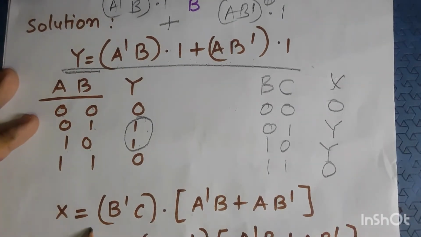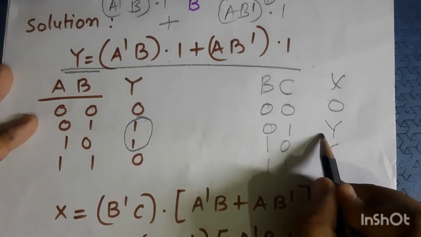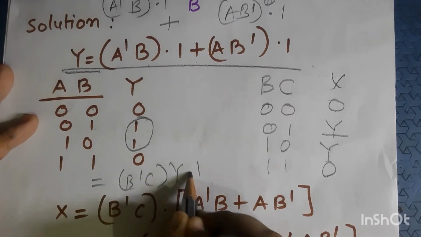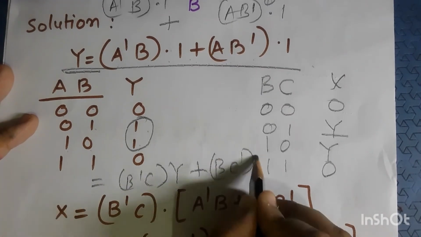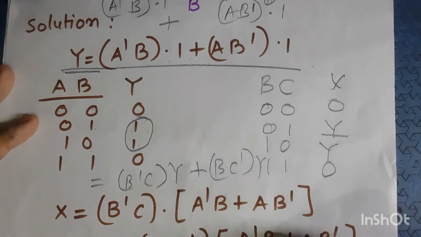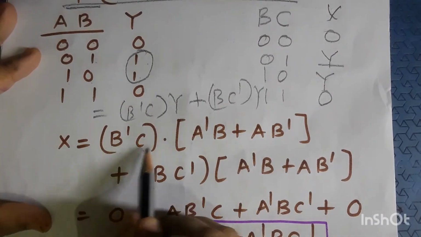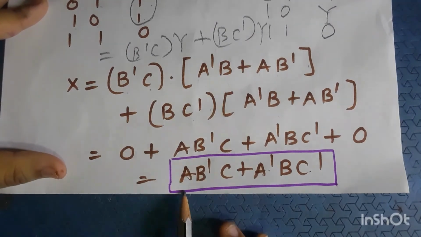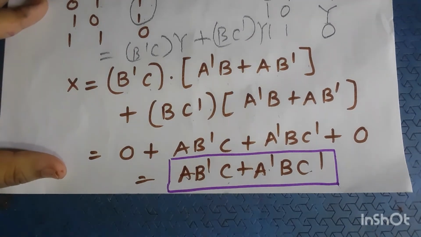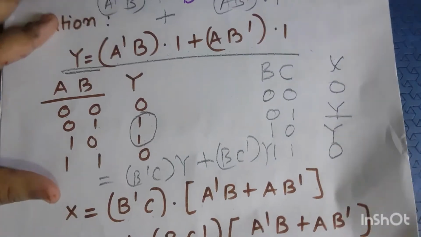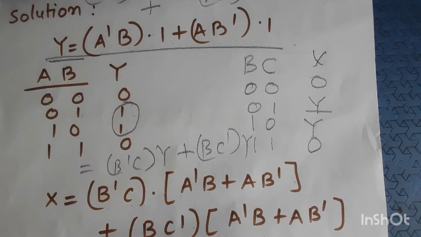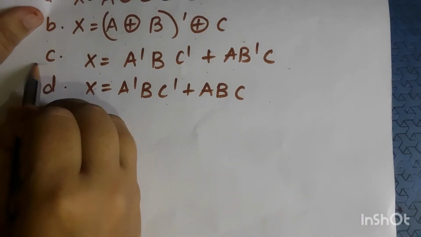So X is actually equal to B dash C Y plus B C dash Y. So it is B dash C dot (A dash B plus A B dash) plus B C dash (A dash B plus A B dash), and here it is coming as A B dash C plus A dash B C dash. So the solution we have got. The solution is C.